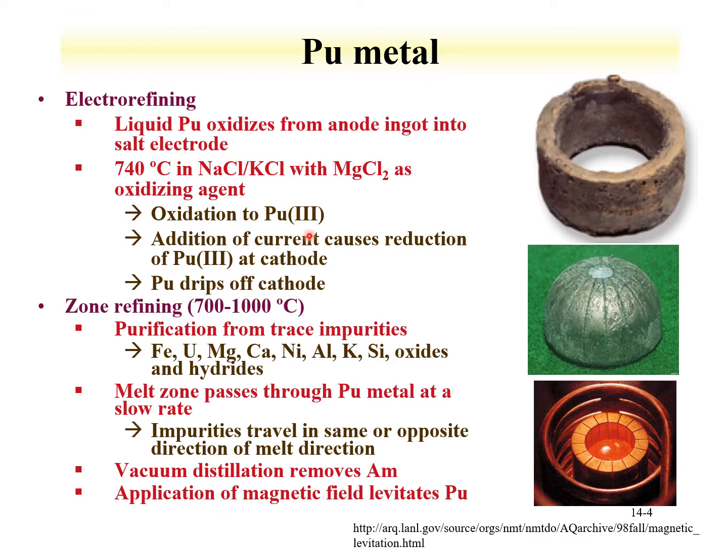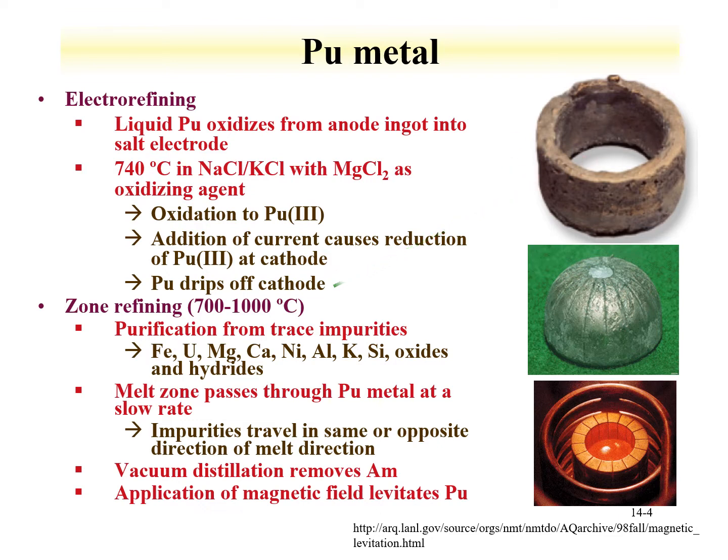This plutonium-3 can go to the cathode, where reduction occurs, and when the plutonium metal is formed, it melts and drips off the cathode into a criticality safe shape, such as the ring shown here.